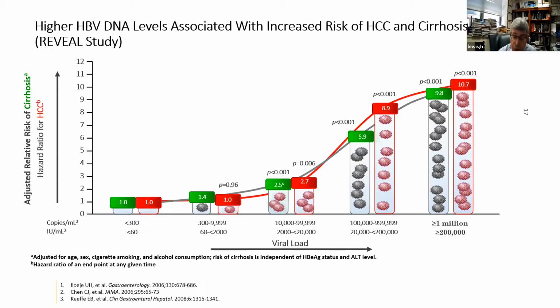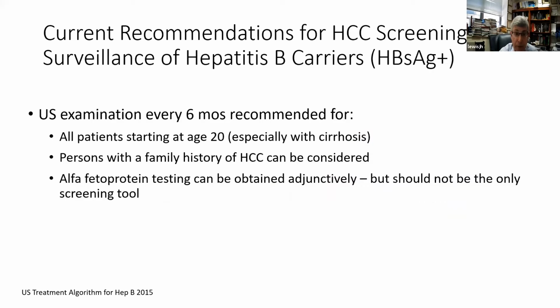There's several drugs that are under study to try to do that, but right now we put these people on the antivirals that we have, the tenofovirs, the entecavirs, and we can drop their levels down to undetectable, which also reduces their risk of progression and their risk of liver cancer, but we still have to screen.